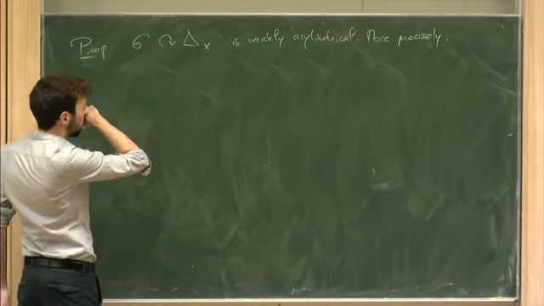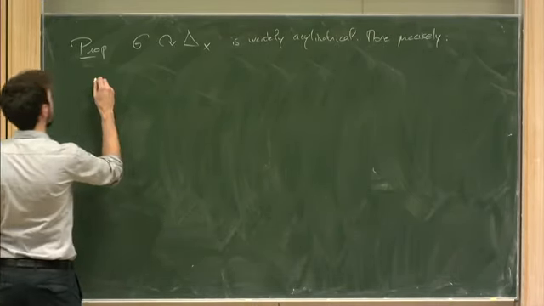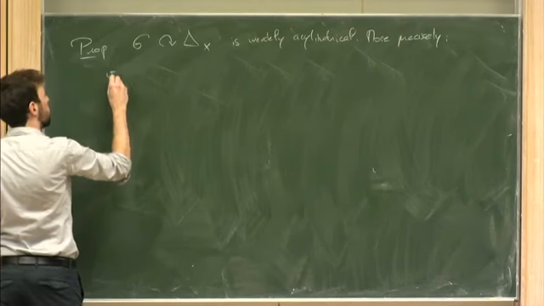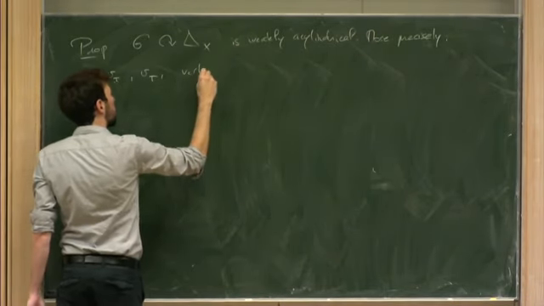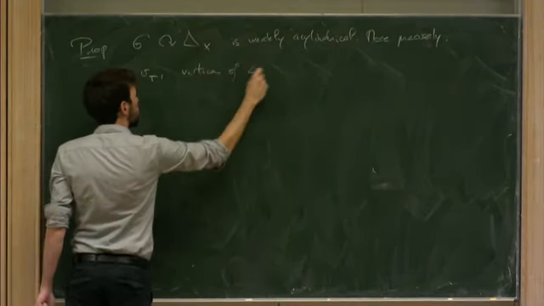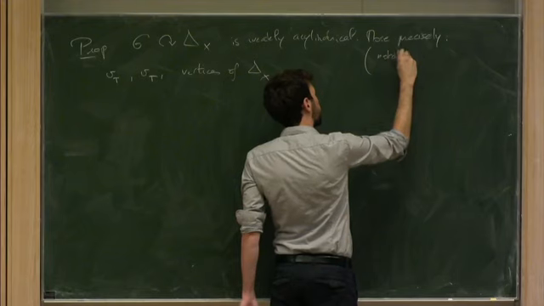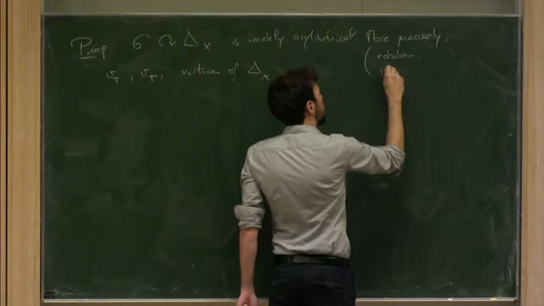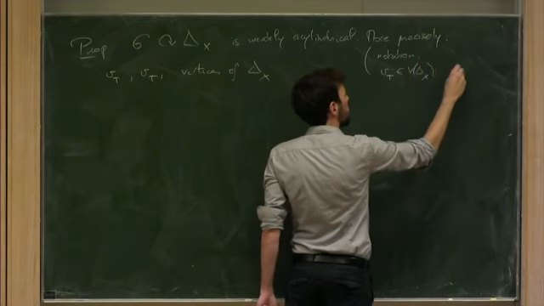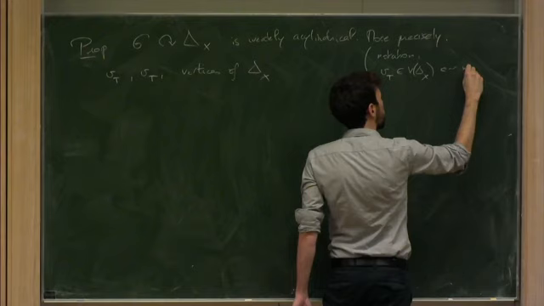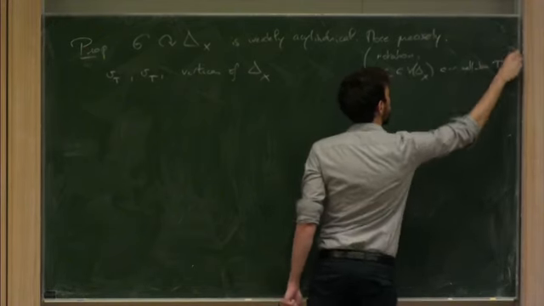So take vertices V_T and V_T' of delta x, with the notation that V_T is the vertex of delta x corresponding to the wall tree T of x.